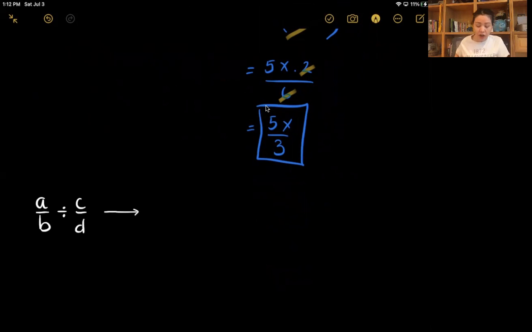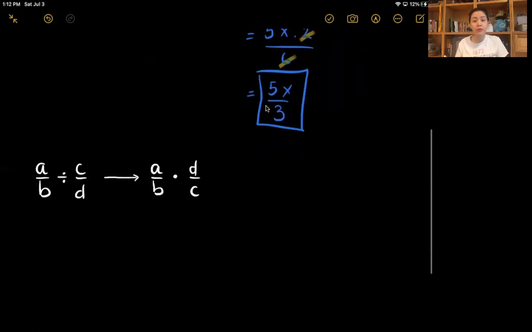When we divide fractions, we inverse multiply, right? So we're going to keep the first fraction, A over B. However, for the second fraction, we're going to flip it. So you want to multiply, so multiply D over C. Okay, so for the second fraction, we're going to flip and multiply, or inverse multiply, okay?